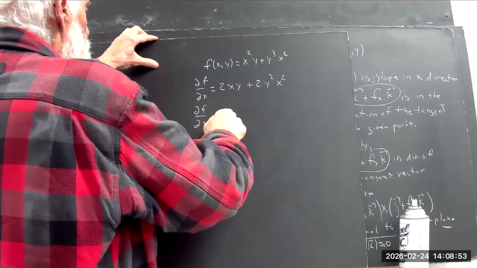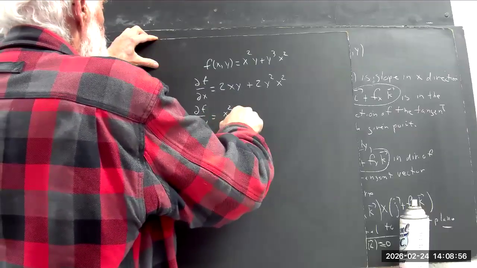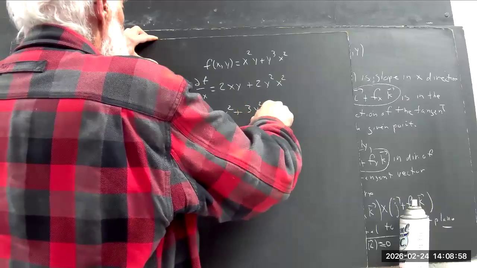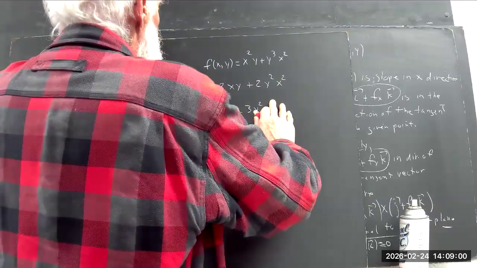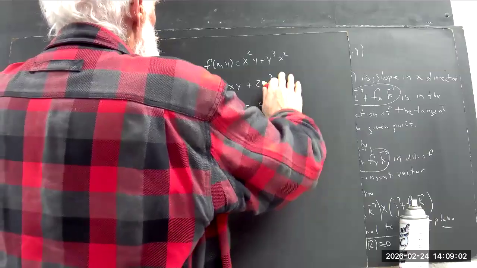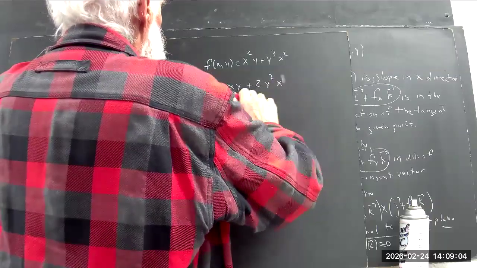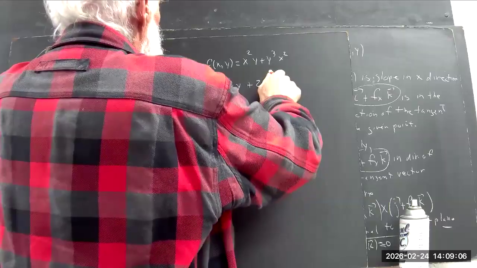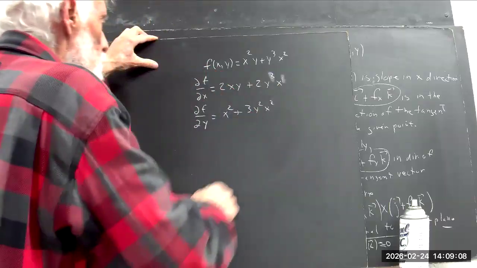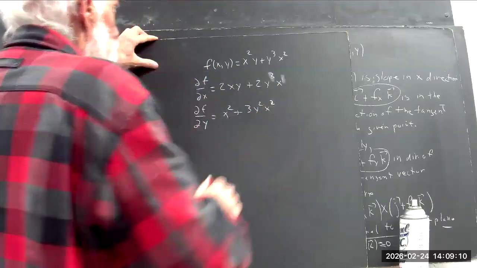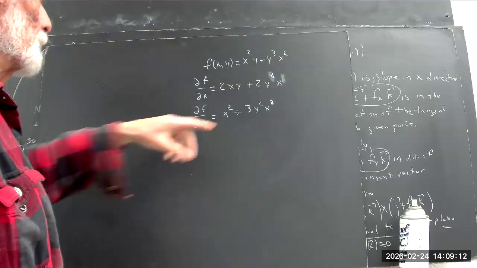Partial f with respect to y is x squared plus 3y squared x squared. And let's see, this should be 2y cubed x. Not sure what I was thinking when I wrote that down.